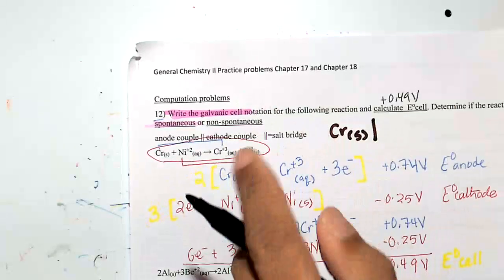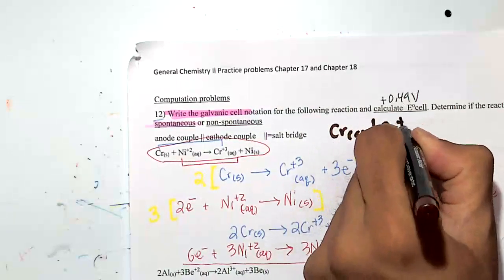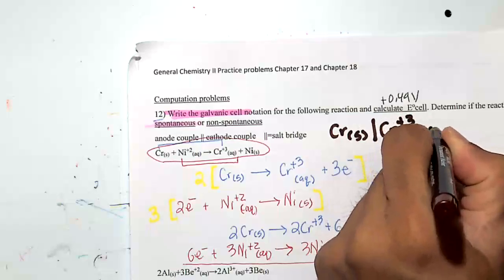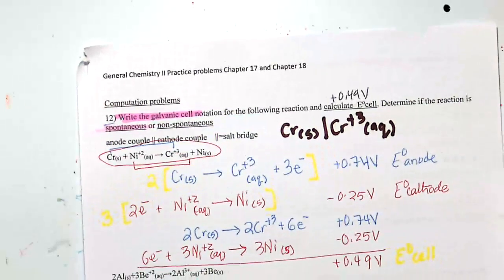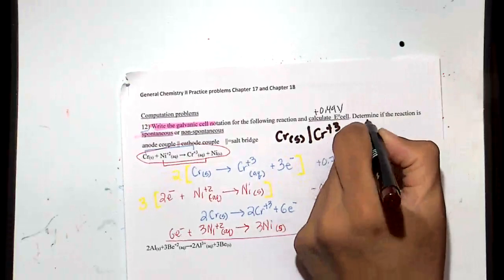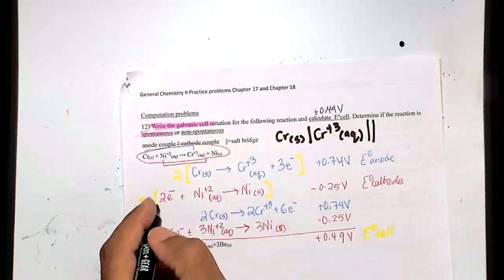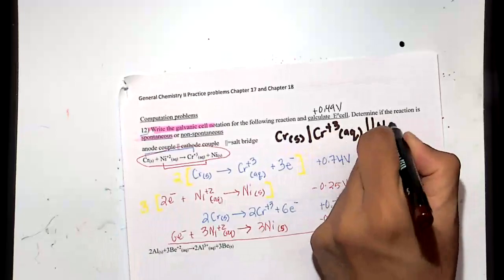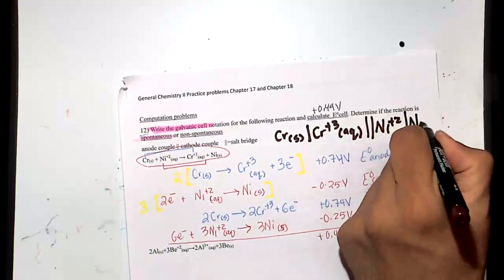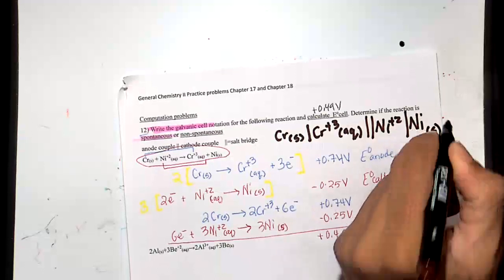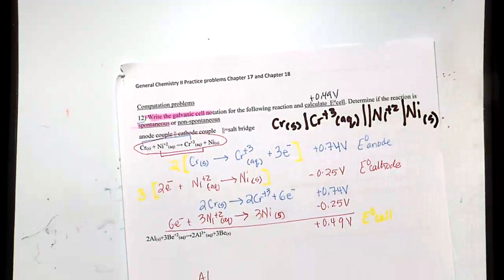You're going to draw one line, Cr plus 3. Don't forget this on the exam. What is the salt bridge? 2 lines. And then the cathode couple, which is nickel plus 2. We draw one line down here, nickel solid. So that's what you want to write because this is the galvanic cell notation.